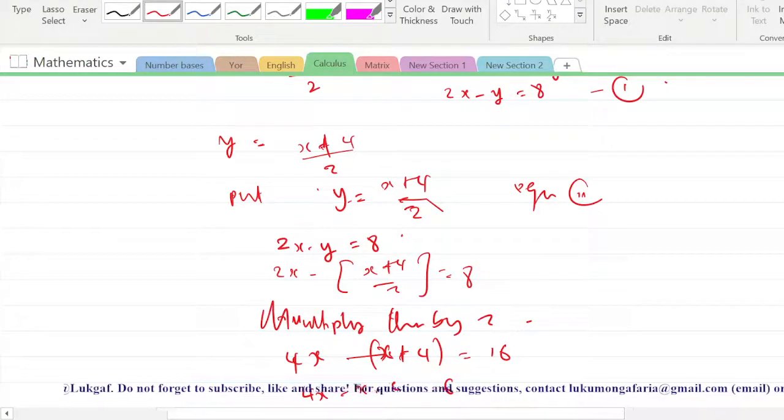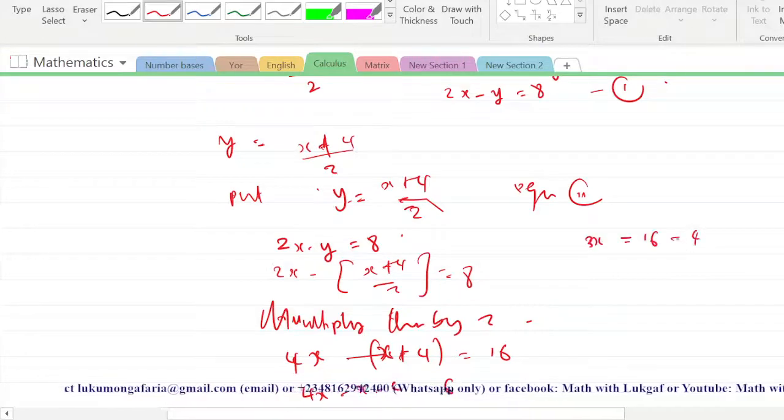So if you collect the like terms, this one will give you 3x is equal to 16 plus 4.